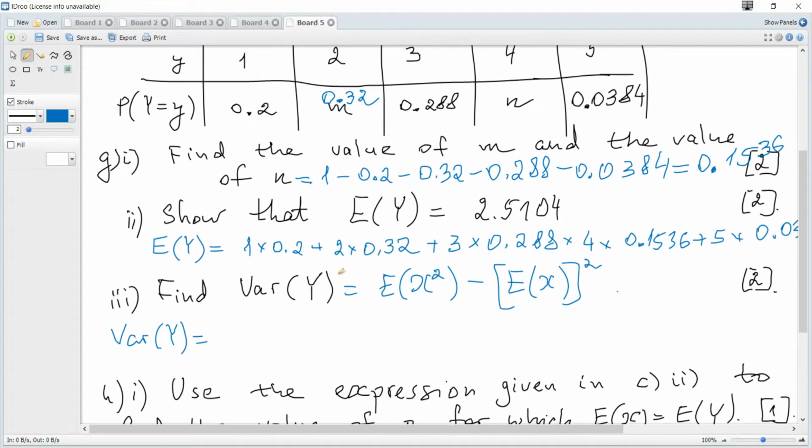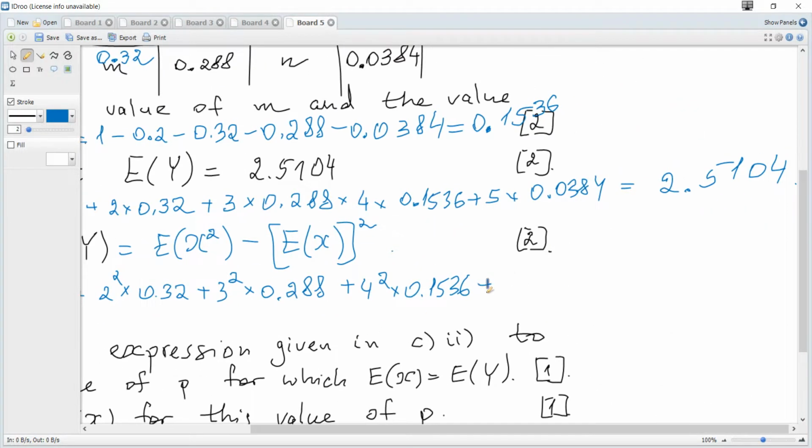It's similar to E of y, but you should substitute x squared instead of just x, so it becomes 1 squared, and again times corresponding probability, plus 2 squared times 0.32, plus 3 squared times 0.288 plus 4 squared times 0.1536 plus 5 squared times 0.0384.